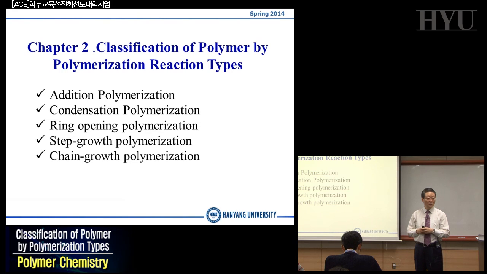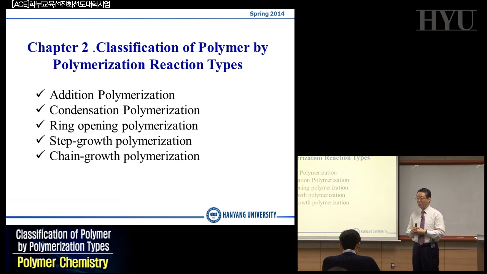Condensate means byproduct coming from the polymerization reactions. Whereas in addition polymerization reactions, you do not have any condensates. If you have a byproduct, we call that condensation. If you do not have any byproduct, we call it addition reactions, no matter what the mechanism of your polymerization reaction is. So this is the method of classification of polymerization reactions, depending upon whether you have any byproducts.